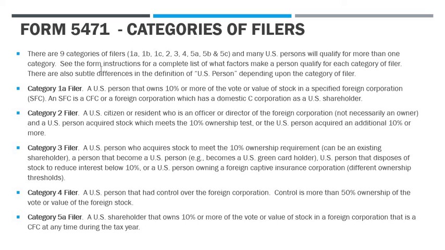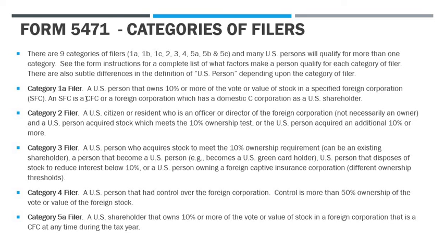But it's very important to review the form instructions for a complete list of what fact patterns and factors make a person qualify for any one of these categories. And again, it's very common that individuals meet multiple categories, so they have to include a lot of schedules with the 5471.